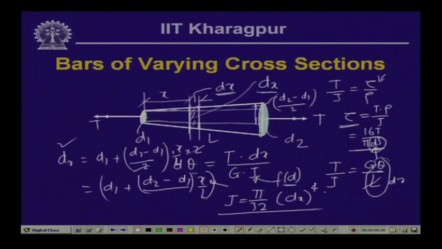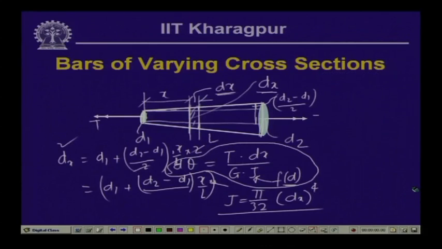If we would like to calculate theta, we have the expression d theta is equal to T d x by G J. Now, if we would like to compute the value of theta over the entire length, the integral 0 to L of d theta will give us the value of theta, which is equal to the integral 0 to L of T d x by G J. Let me write J as a function of x.